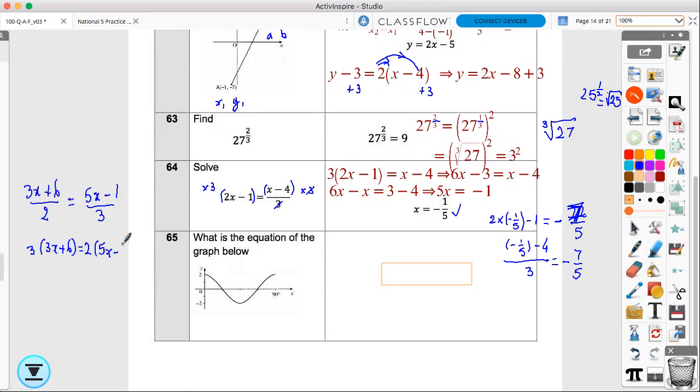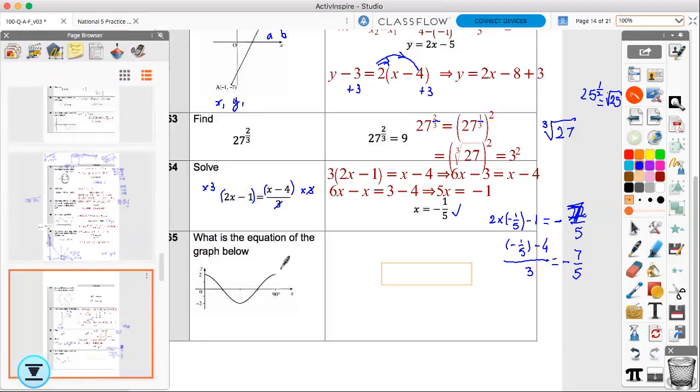So technically what we've done is we've timed both sides by 3, which got rid of that 3, and we timed both sides by 2, which got rid of that 2. And now this is easier. So now you can solve this because it's just 9x plus 18 equal 10x minus 2. And now you're on more familiar territory, okay? And that's how you would do them.